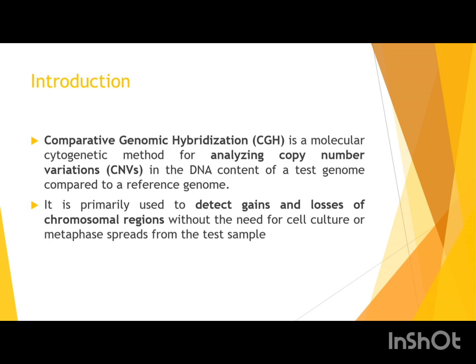We will see in the following slides how the copy number increases. When I talk about copy number increasing, it means that one of the genes is getting added in an extraordinary manner. So that has to be identified, and we have to compare it with the reference genome.